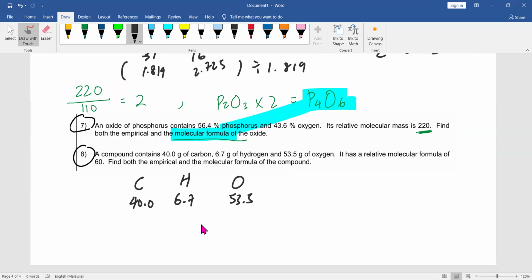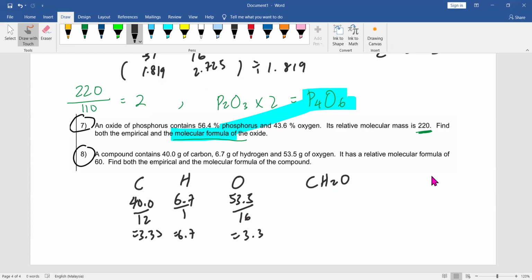Okay. So divide by 12, you get 3.33, 6.7 divided by 1, and then divide by 16, 3.33. So you get CH2O, correct? Okay.